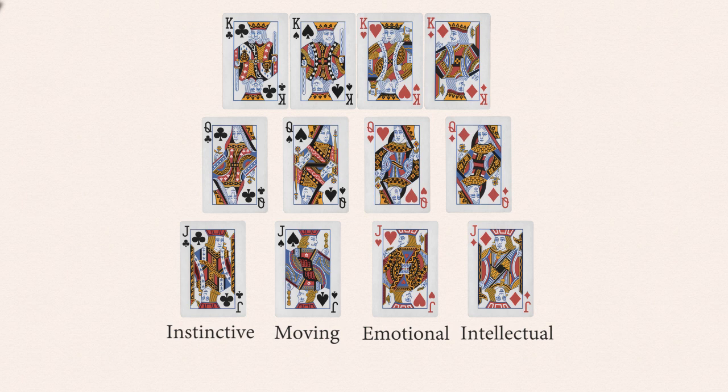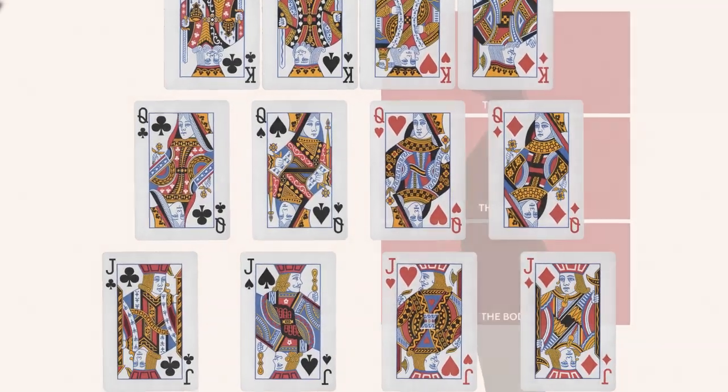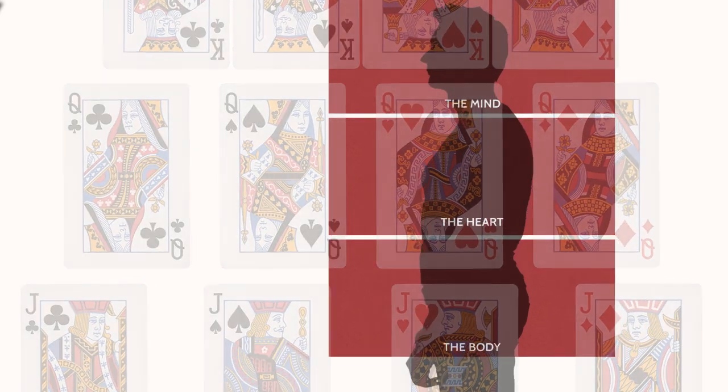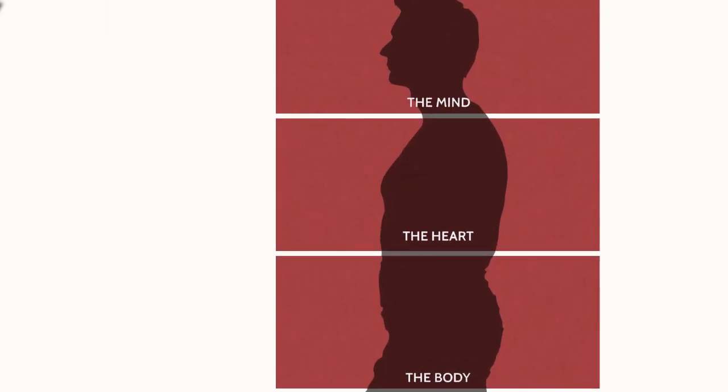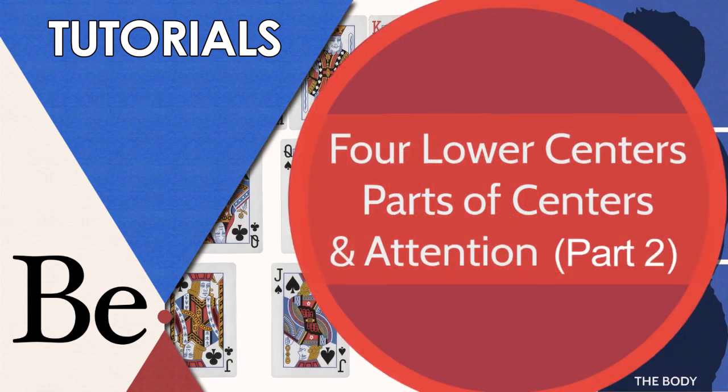Within each suit, the jacks, queens, and kings will designate each part of that center. We will see how, to function properly, the parts of a center must collaborate. And we will end by setting an aim to observe in ourselves the different parts of our four lower centers.